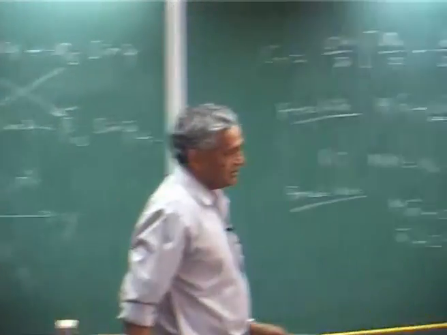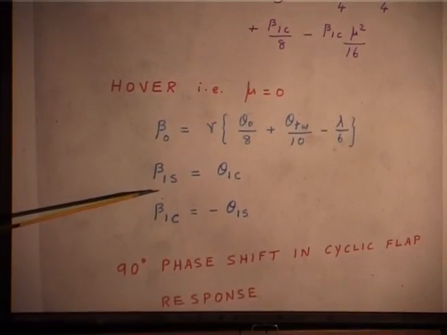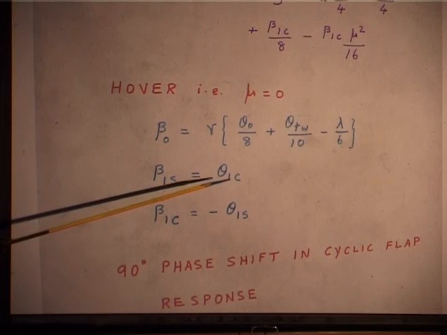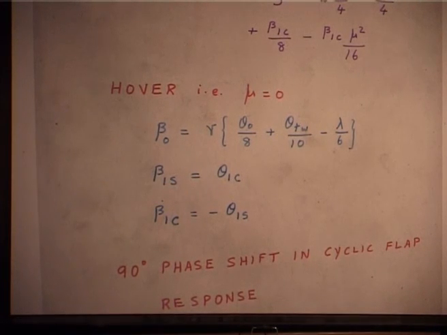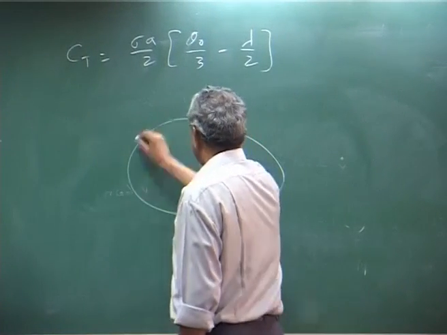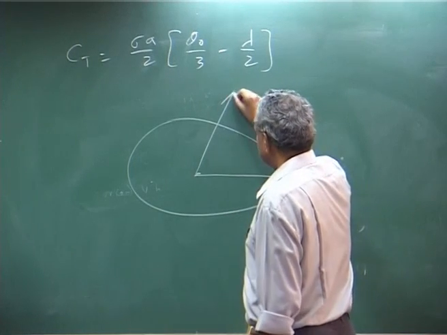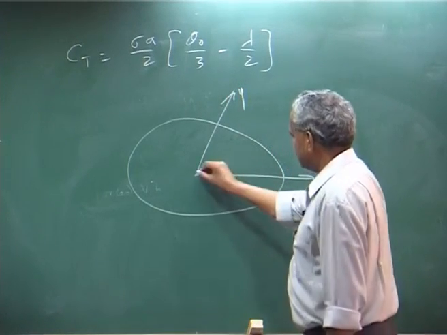Because from this equation, beta 1 S is related to theta 1 C. That means, when I change my pitch angle, if I take this as my rotor, this is my X, this is my Y, and this is my psi.